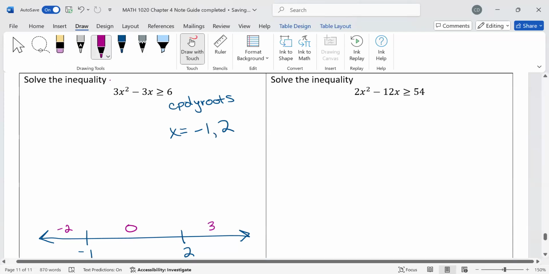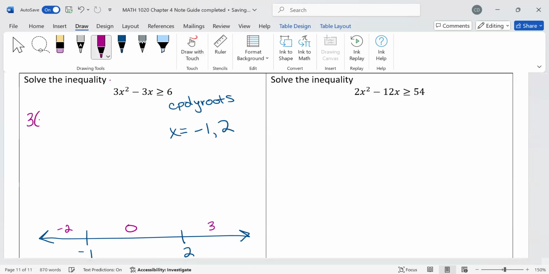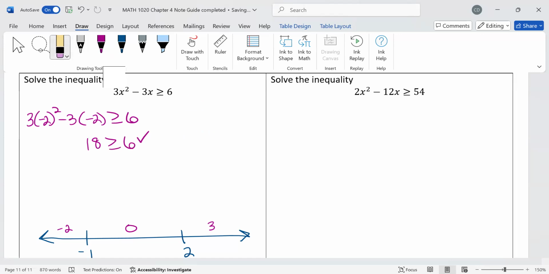All right, so it's 4, 3, and it's 18. Is that greater than or equal to 6? Yes, that is true. There we go. So this piece is good.